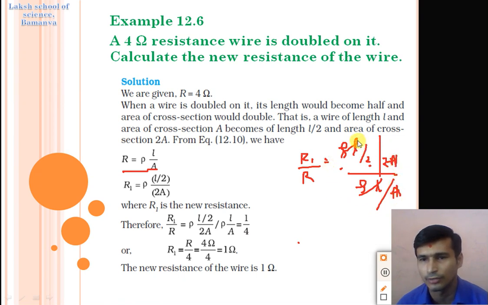So we get 1 divided by 2 multiplied by 2, that means 1 divided by 4. So we get the ratio R1 by R is equal to 1 by 4.